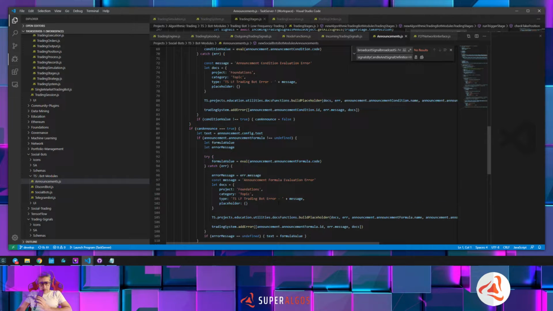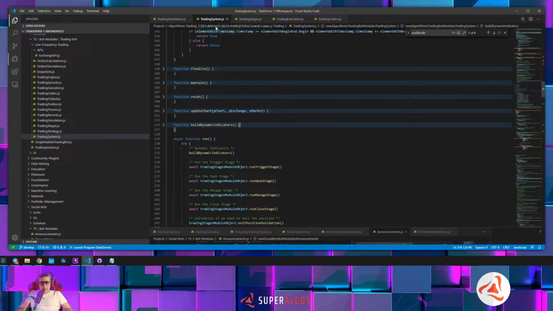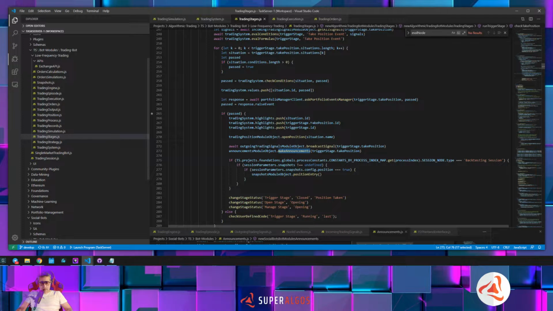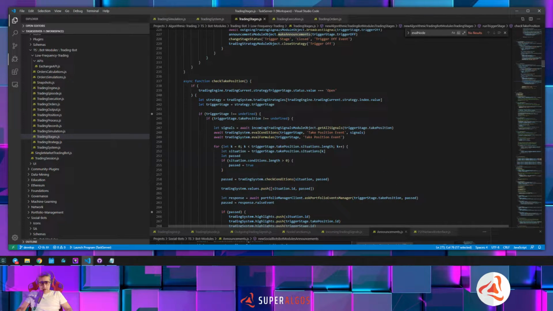So, what that would mean to me is that this evaluation of formula here is totally in vain. It makes absolutely no sense to evaluate the formula here.